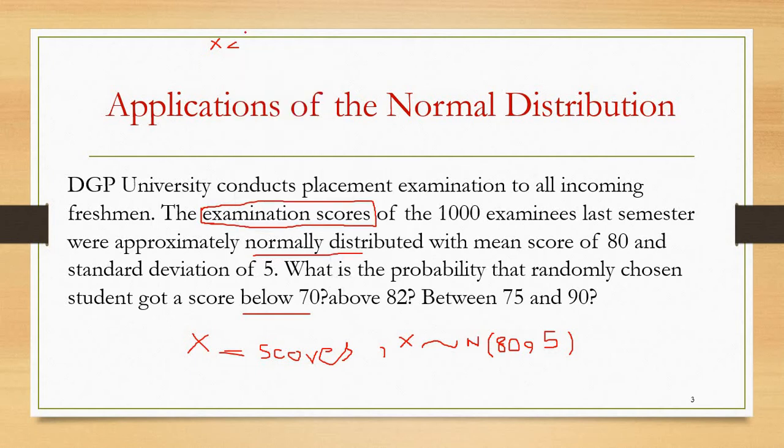So this is 70. So you have to find out this probability, x less than 70, for the first case.